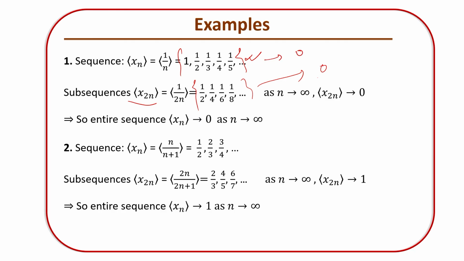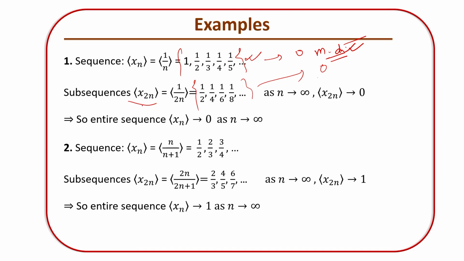How can we prove this? Firstly, we have to find out that the sequence is monotone, either monotonically increasing or monotonically decreasing. So 1/n is a monotonically decreasing sequence. That is the first criterion for the theorem.